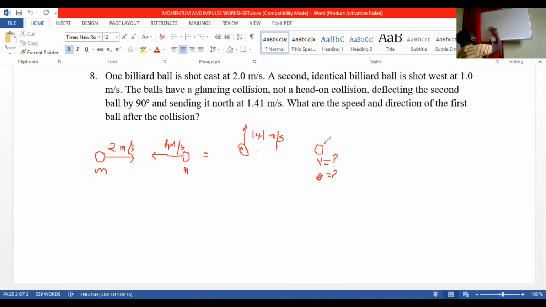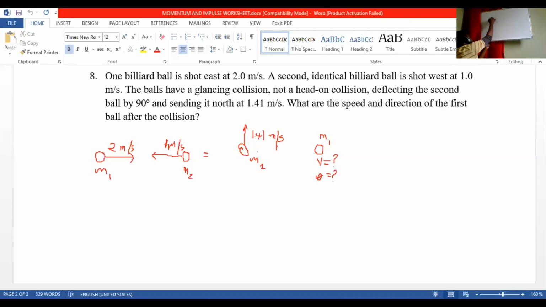All right, so to not get confused, we're going to call this M1 and M2, but to know that both are the same. All right, so this is M2 and this is M1. The first thing we're going to look at is our x-plane motion.